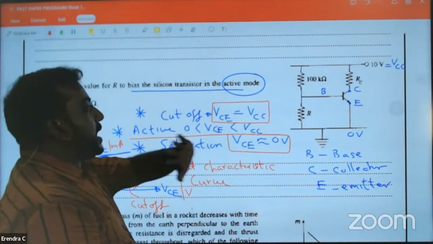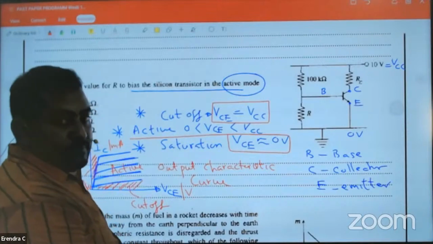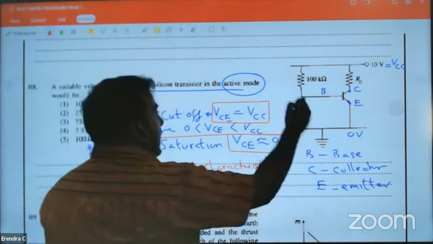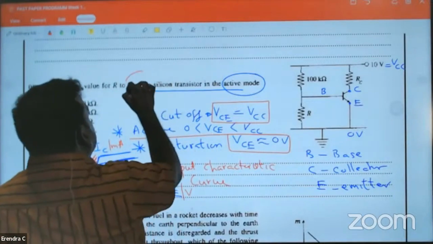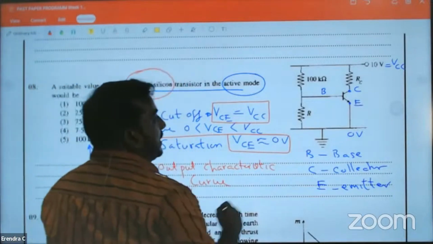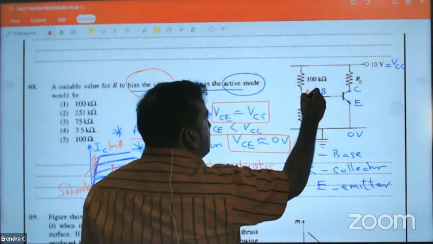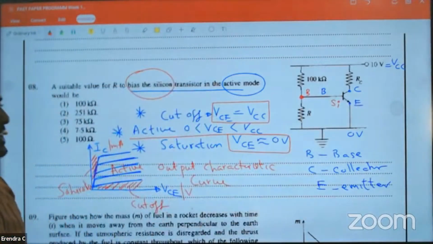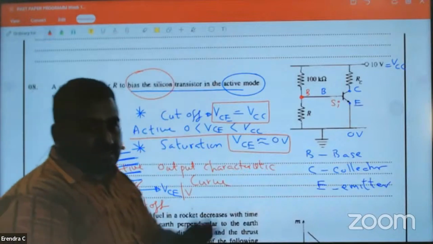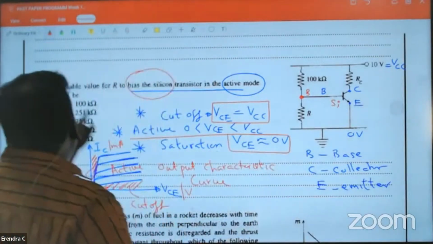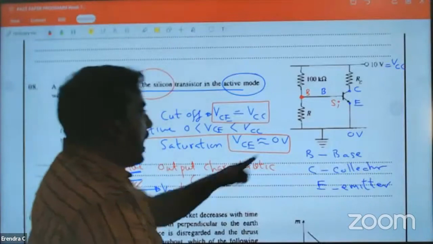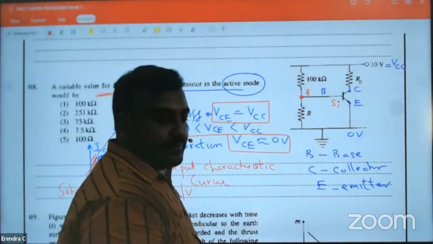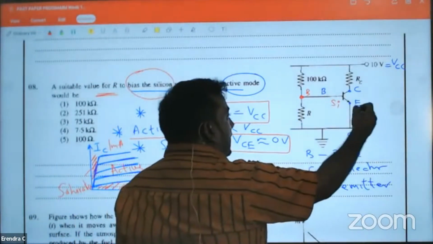And remember, when you're biasing a transistor, the base emitter here is a silicon one. Be careful. They're asking what RB will be.